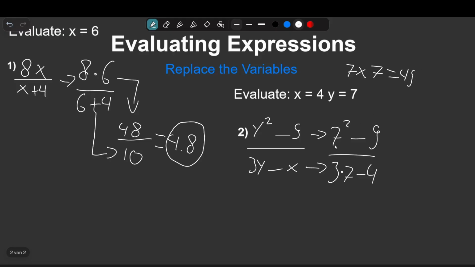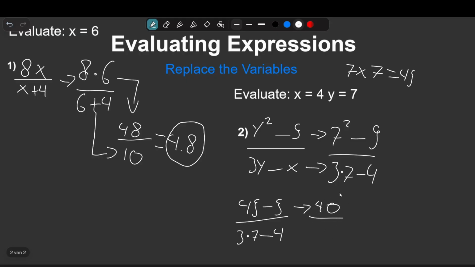So now we know what this 7 is. We're going to do it in a couple of steps this time. So we have 49 minus 9, and then the fraction 3 times 7 minus 4. So 49 minus 9 is going to equal 40.